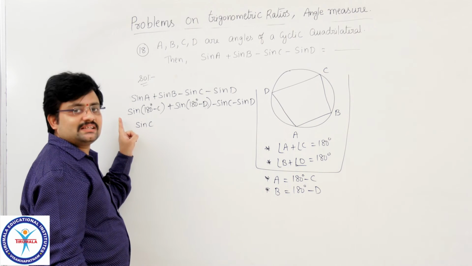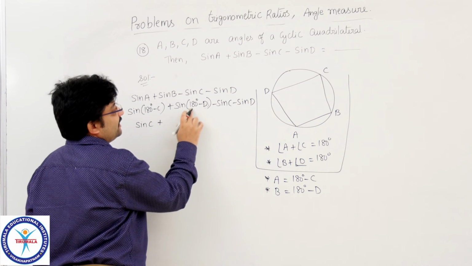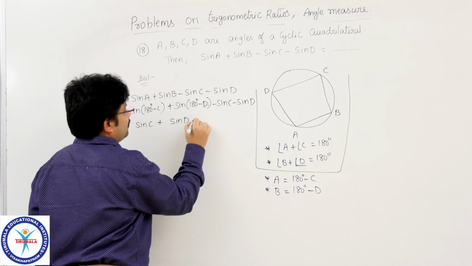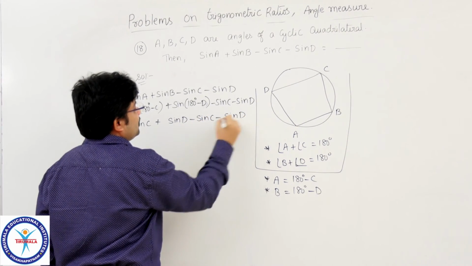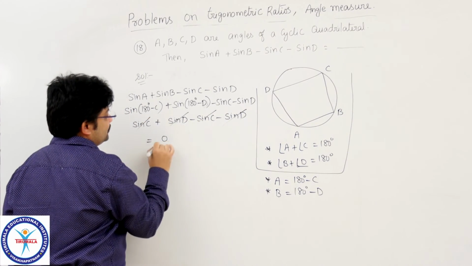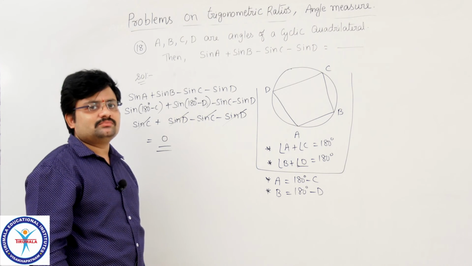In the second quadrant, what is the sign? Positive. Plus sin of 180 minus D, that is sin D, minus sin C and minus sin D. Plus and minus get cancelled, that is 0. Therefore, the given value is equal to 0.